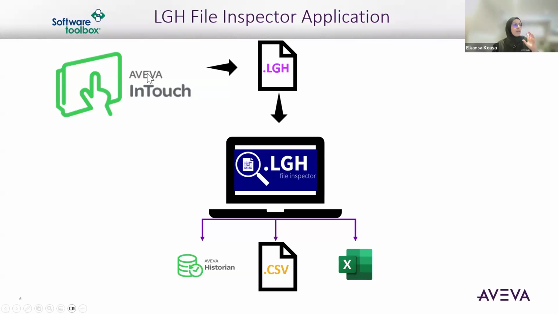So the idea is that you have your InTouch application, you're saving or logging the data into your LGH files, and then you use this inspector. So this inspector looks at the files and then you could query the data and export the results either as a CSV file or as an Excel file, or you could also import that in the AVEVA Historian, which we're going to be talking about at the very end.